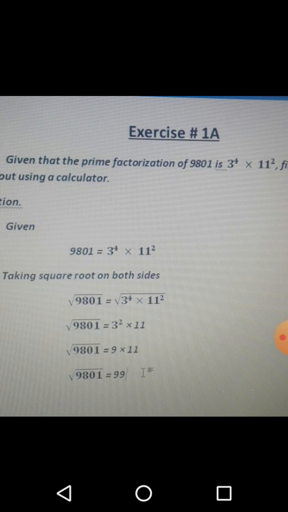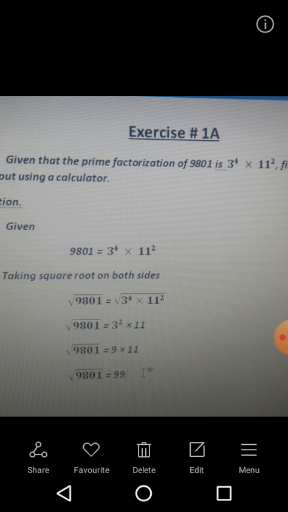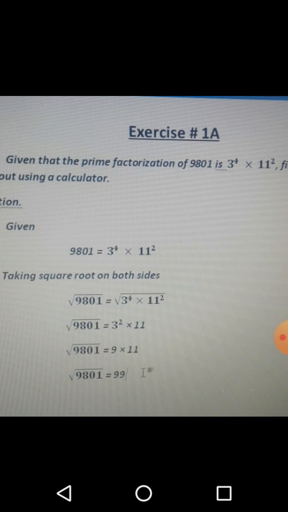Here the power of 3 is 2, which means 3 multiplied 2 times. When we multiply 3 two times, the answer will be 9. And the power of 11 is 1, which means 11 is multiplied only one time, which gives the answer 11.